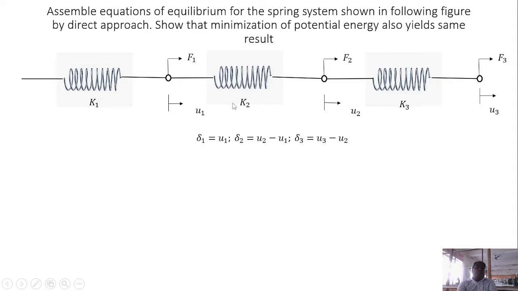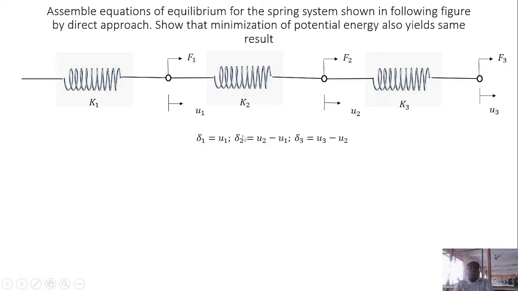We can find the exact value for spring 2. It is u2 minus u1, because spring 1 and spring 2 are connected serially. So if I want to measure the spring 2 displacement, u2 minus u1 gives the exact spring 2 deflection.